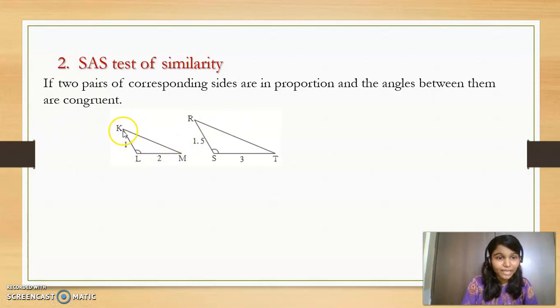Means if I'm taking one as this pair, that is KL upon RS, and the other pair is LM upon ST, तो ये दोनों साइड के बीच में जो एंगल है दैट इज L और S, ये दोनों एंगल कॉन्ग्रुएंट होना चाहिए. ये एंगल नहीं, K और R नहीं, M और T नहीं. क्यों? क्योंकि जो दोनों साइड प्रोपोर्शन में है ना, उसी दोनों साइड के बीच का एंगल कॉन्ग्रुएंट होना चाहिए.